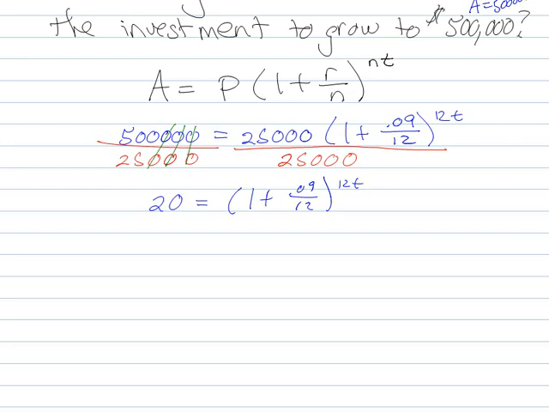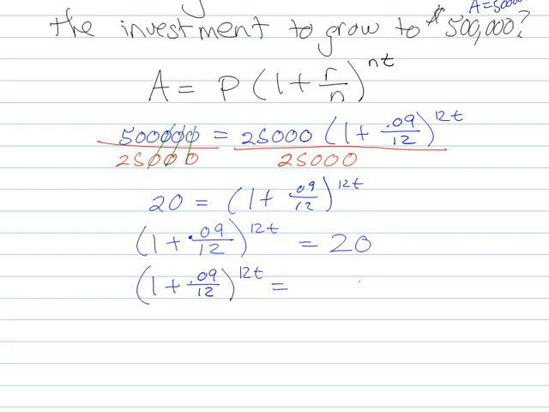I hate looking at exponents in that order, so I'm just going to throw my exponent over here: 1 plus 0.09 over 12 to the 12t equals 20. Now, this basically looks like the problems that we've been solving in this section so far. We've got an exponent. We need to get this power out of here, so we'd like to pull it out. The best way we know how to do that is take the log of both sides and use the power rule.